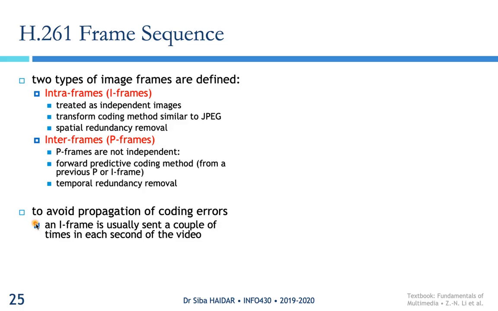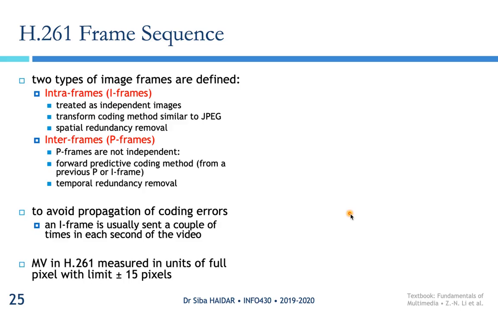To avoid the propagation of coding errors, an iframe is usually sent a couple of times in each second of the video. So each second I send an iframe which is independently coded. If something bad happened previous to this frame, it will come as an absolute value, and the decoding continues from here, independently of the past.